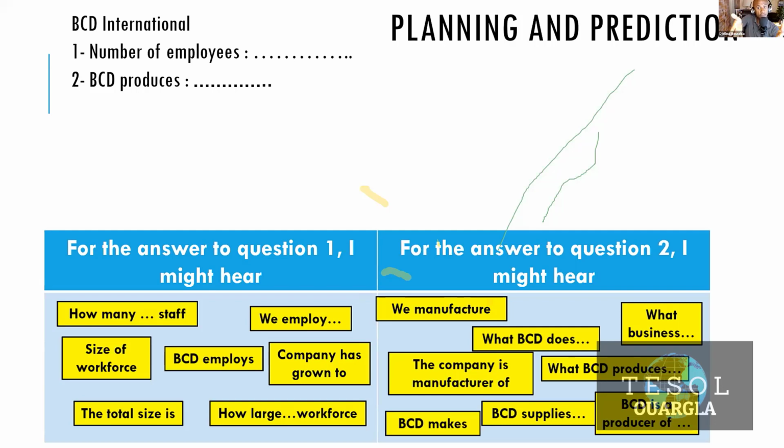Once you give them that option, once you empower them, very important, once you empower them with this, when they hear it, they will recognize it. No problem at all. And this is for planning and prediction.